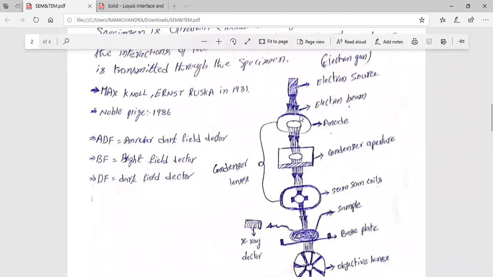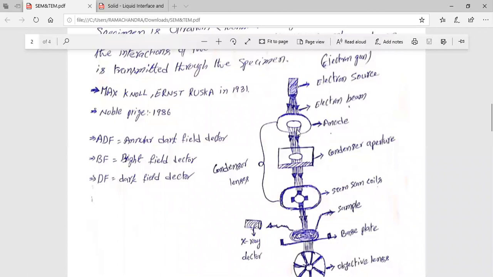Near the anode there is a magnetic coil. The electrons are transmitted in various directions and reach the anode, which allows only the electron beam to pass through its hole.